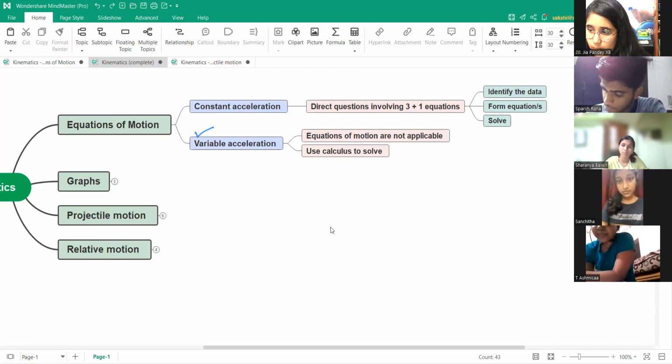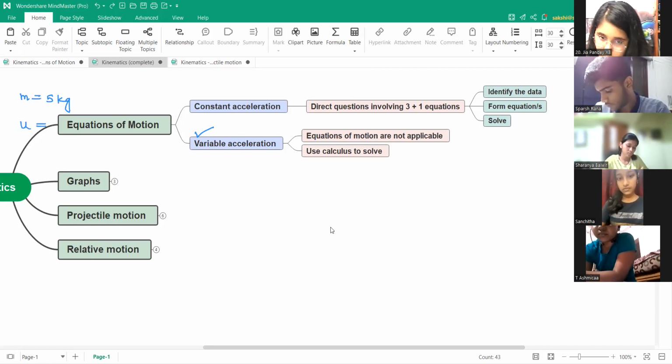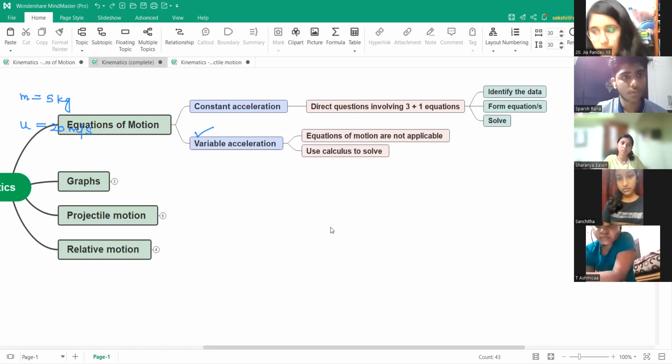So let's see this one. It's a very simple question. A body of 5 kg is moving with a velocity of 20 meters per second, right? So we know the mass of the body is 5 kg. What is the initial velocity of the body? It's 20 meters per second. I am solving. All of you are able to see this first question, or you want me to increase the font of it?